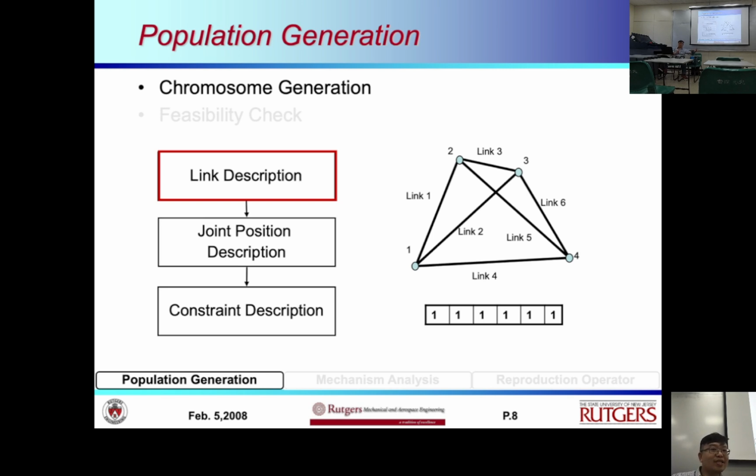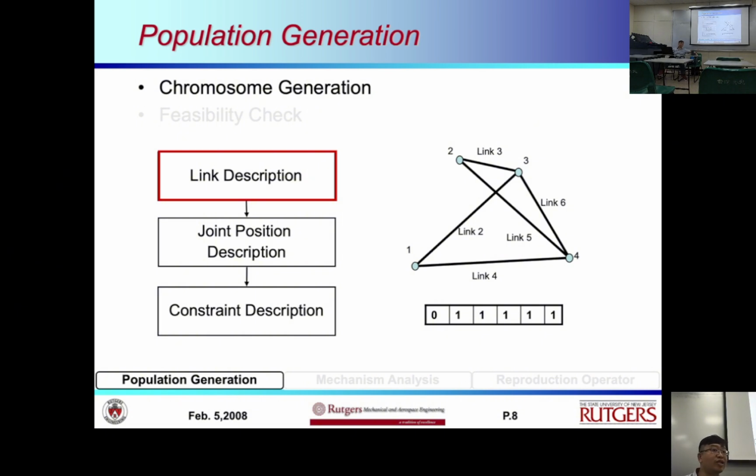When they are all 1s, that means all 6 links are connected. If one of them is 0, then that corresponding link will be taken away. In this way, she uses 6 digits to define how the links are going to be occupied.